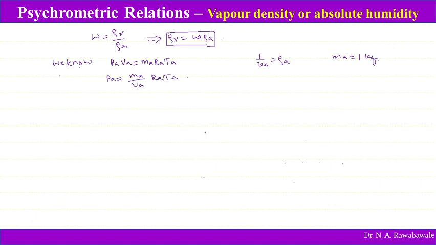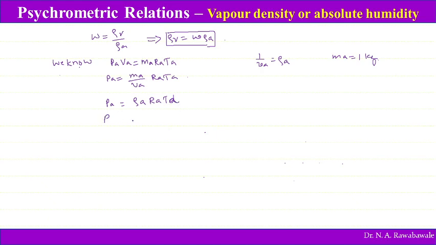So MA is equal to 1 kg, 1 over VA becomes rho A. So PA is equal to rho A RA TA, we can write, or else TA means temperature of air is nothing but TD, dry bulb temperature.